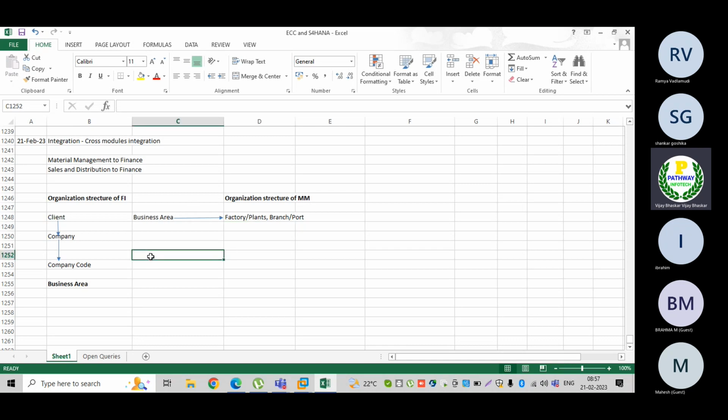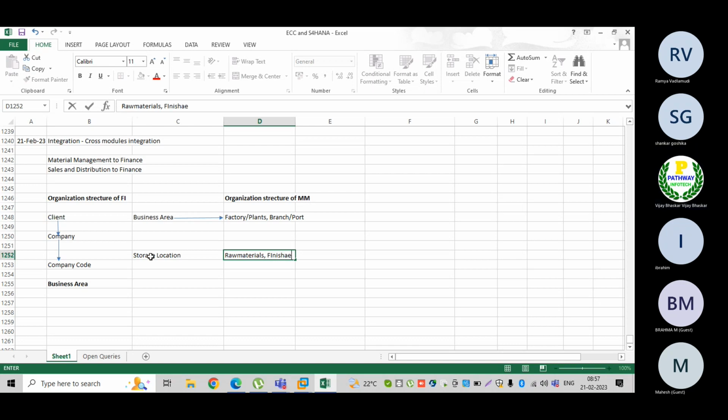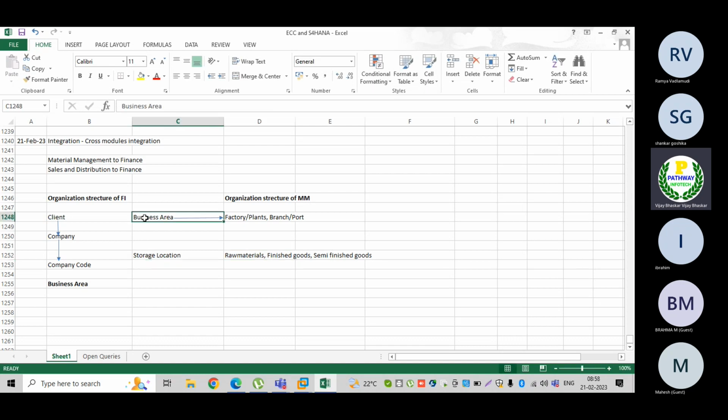The next one is storage location: where I want to store my materials, whether raw material, semi-finished or finished goods, or packing material. I can store any kind of material.